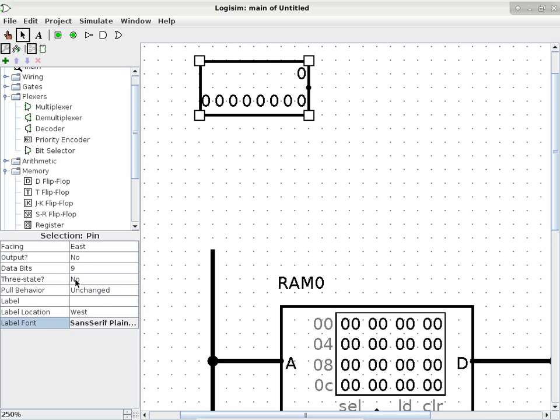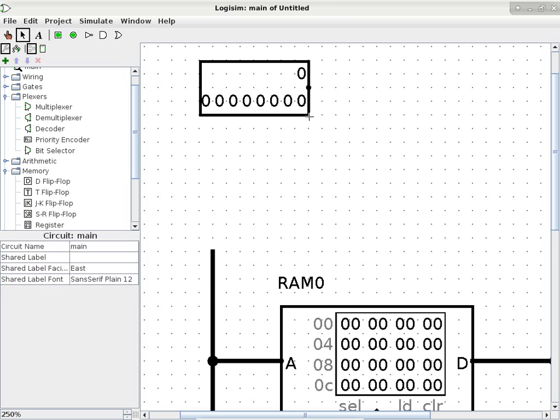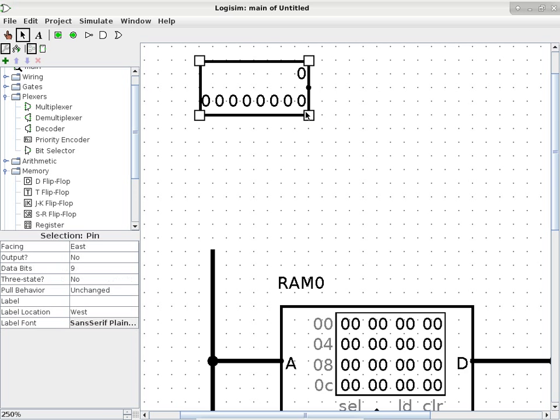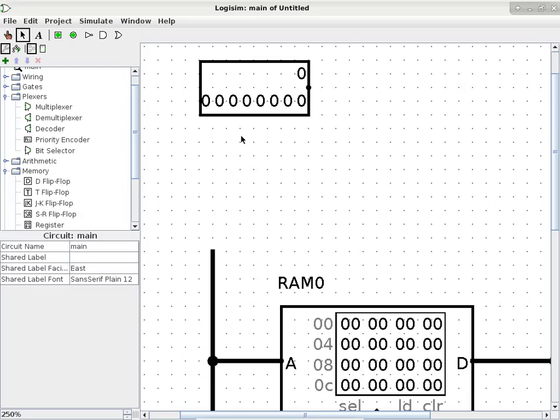It just doesn't look very good. I'm trying to make it look a little bit better. Nope, it cannot be resized. Well, I guess we'll just have to do it this way. If there are 9, yep. Oh, why is it 9 bits again? Because 2 to the power of 9 is 512.